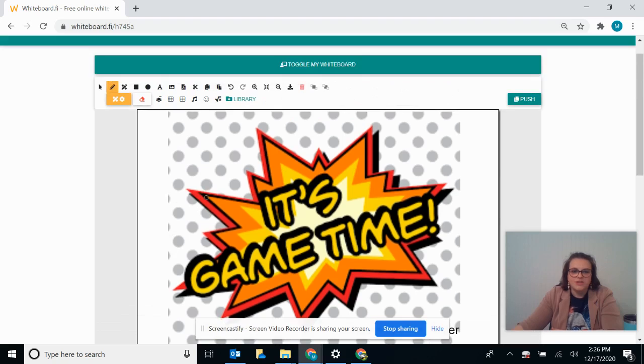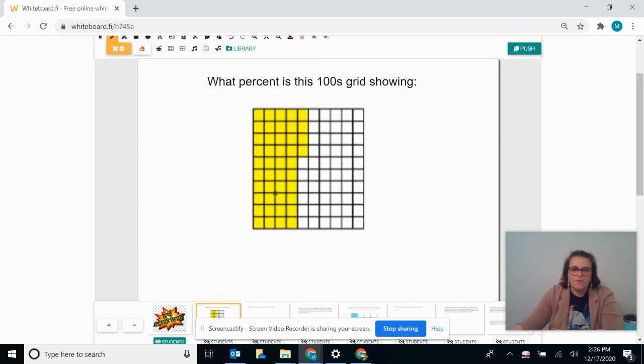All right, so this first question, what percent is this 100 grid showing? So you have to count up the shaded in squares, and that will tell you what percent it is. So it's 10, 20, 30, 40.